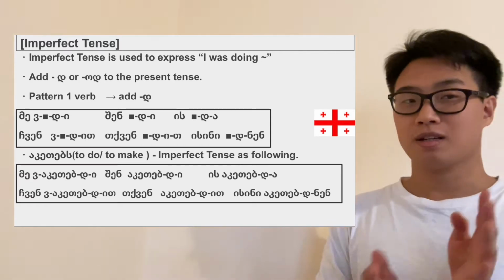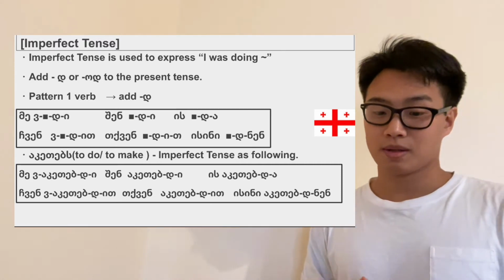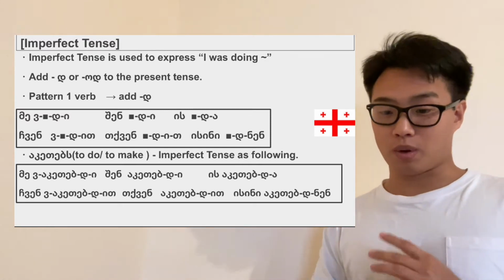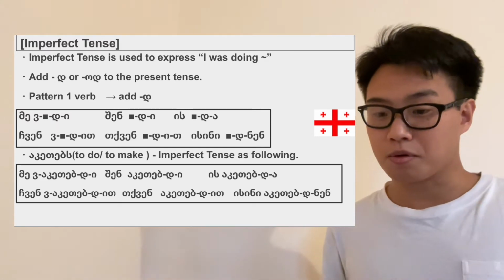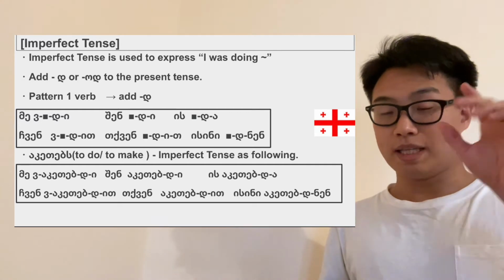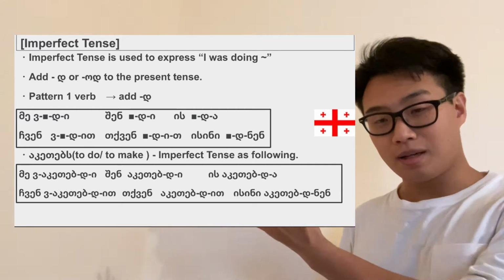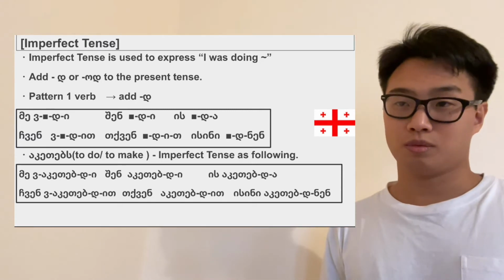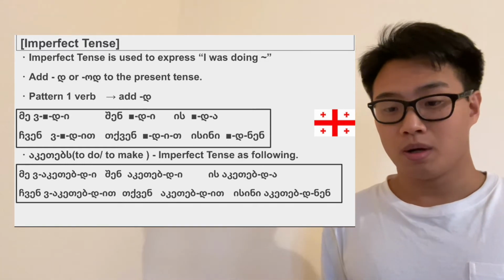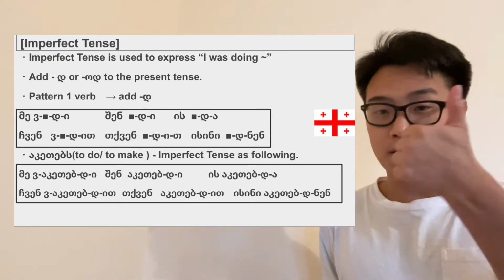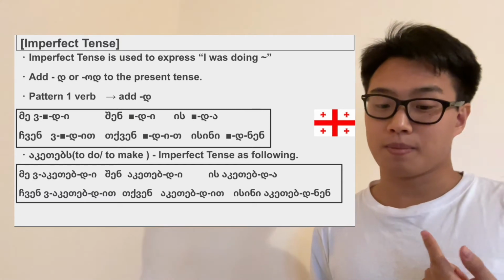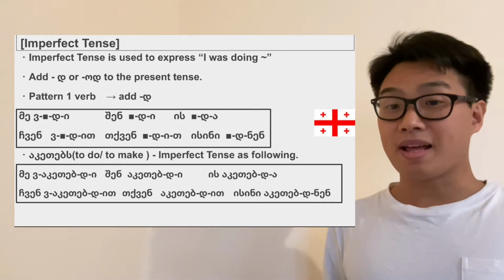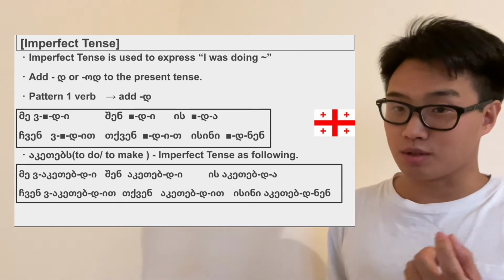Subject, nominative case, object, dative case, and that's it. This is how we make the third person singular form imperfect tense. Is, verb root, -da, and as for chven and tkven, we just have to add -t at the end of the verb to the first person and second person plural forms, right? And as for the third person plural form, isini, not ergative case, but nominative case as usual. Isini, verb root, -di, and -nen.